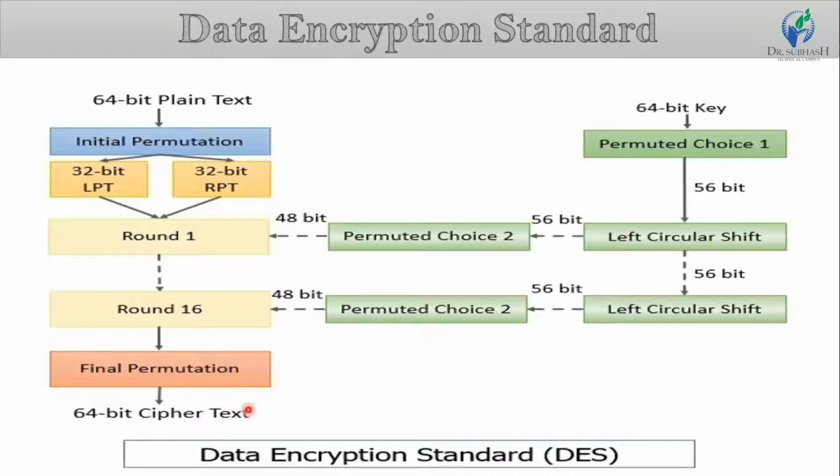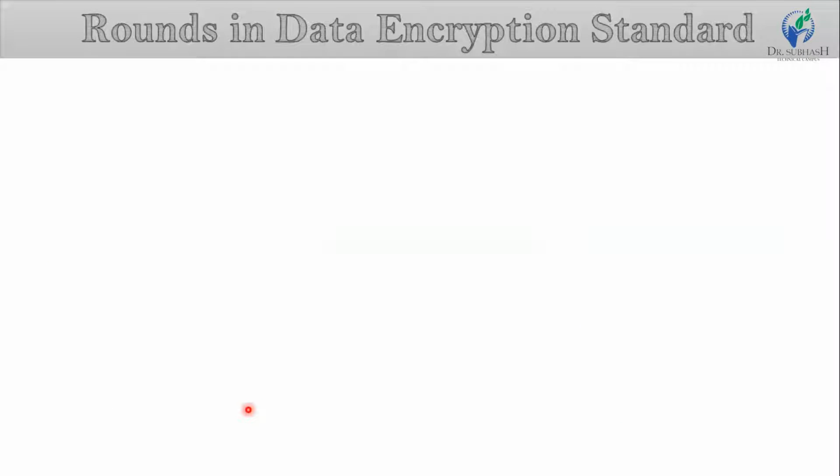Now I have discussed the rounds in Data Encryption Standard. Now I will discuss the process that takes place during the 16 rounds of the DES algorithm. Each round of DES performs the same functions. Here I have explained the steps performed in each round of the DES algorithm.